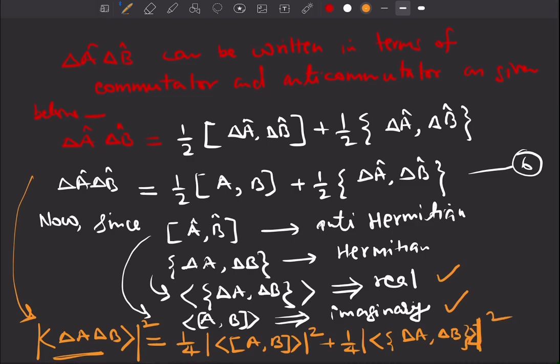Since the last term is a positive real number, this is real, so this is a positive and real number. Therefore, this equation is greater than this value.